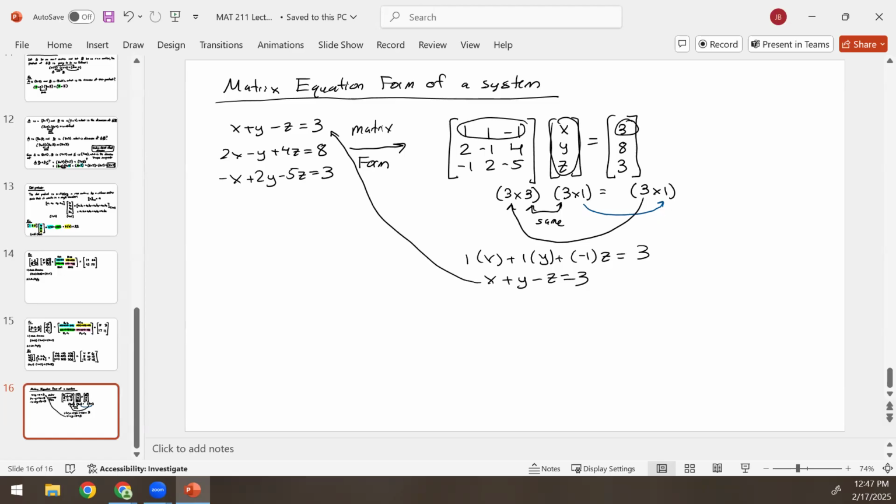So that is the matrix equation of a linear system. I've been able to verify and match them up. So I'm going to write that more nicely.